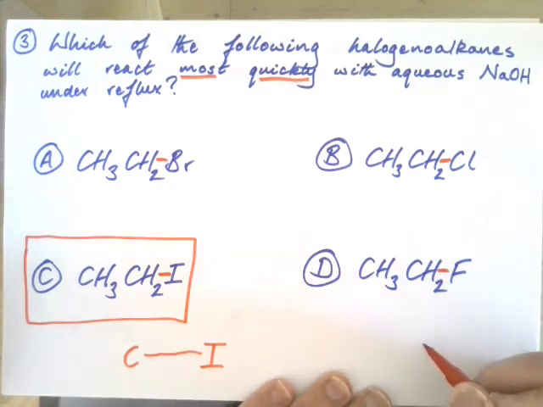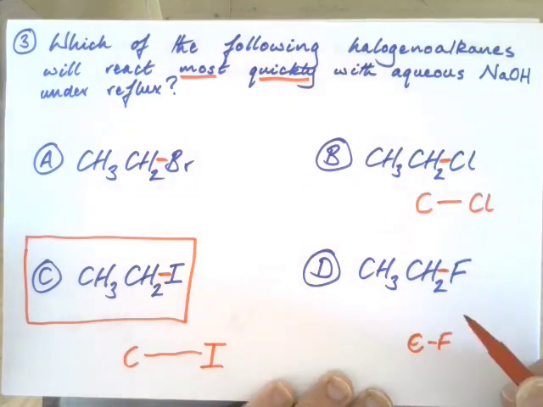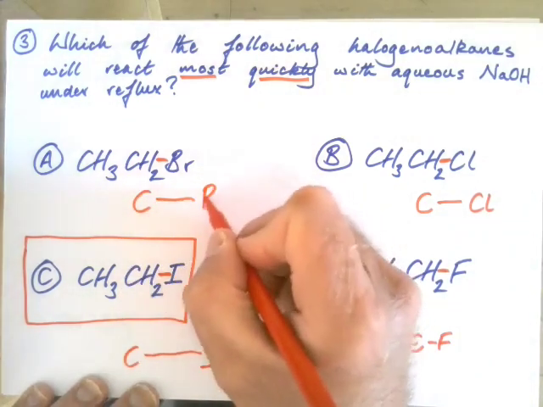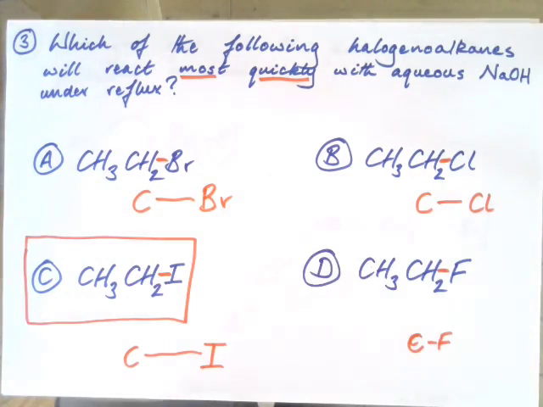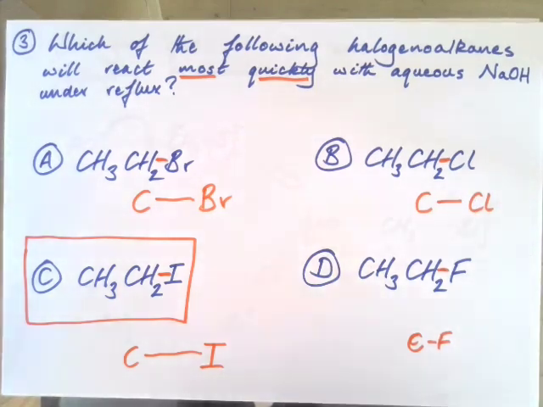The fluorine is the smallest of these, so it's really tucked in close to the carbon, so that's the strongest bond. The chlorine is the next strongest bond. That's a little bit bigger than fluorine, and then the carbon-bromine bond is the next strongest. So the weakest bond is the carbon-iodine bond, and that's the one that's going to react the fastest. Second fastest, third fastest, slowest.